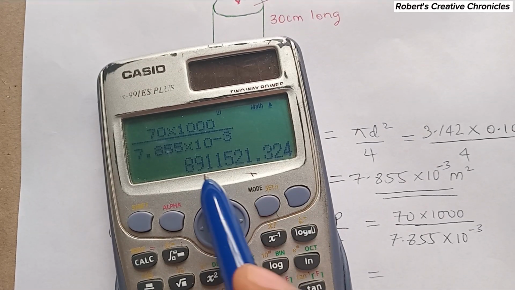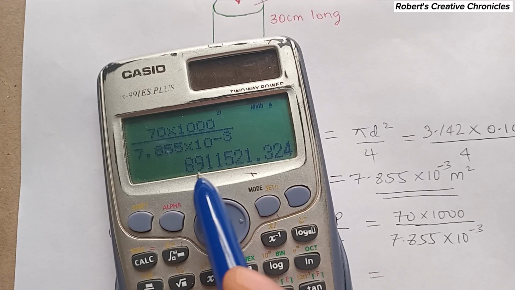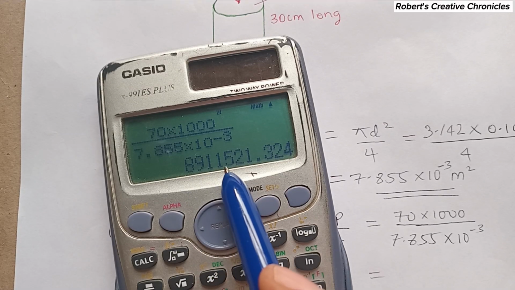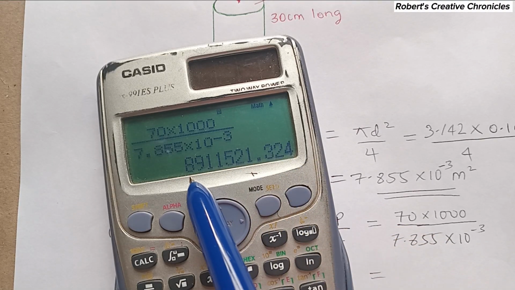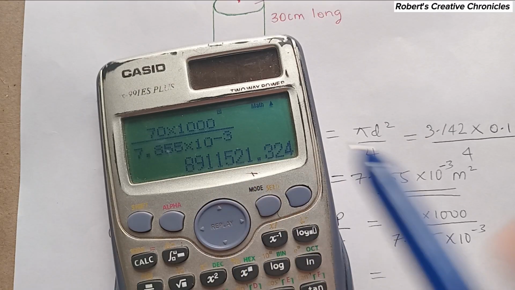So this is what? This has 1, 2, 3, 6 digits, so we can write mega for it. So this will be just 8.91 then mega.